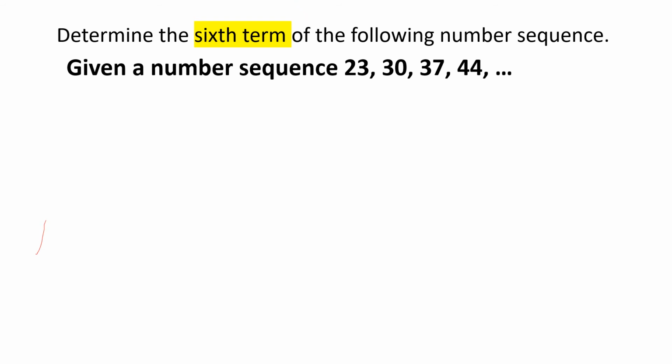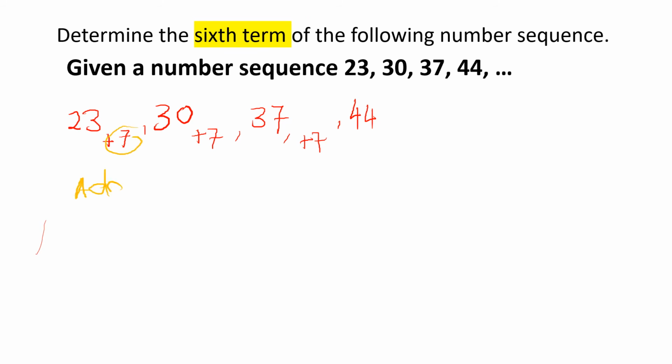We need to determine the pattern for this number sequence. 23 plus 7 equals 30. 30 plus 7 equals 37. 37 plus 7 equals 44. So the pattern is add 7 to the previous number.